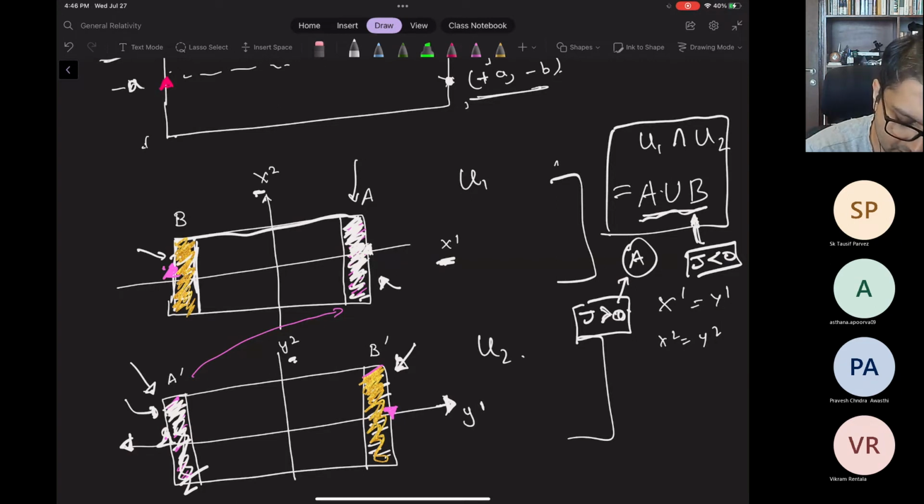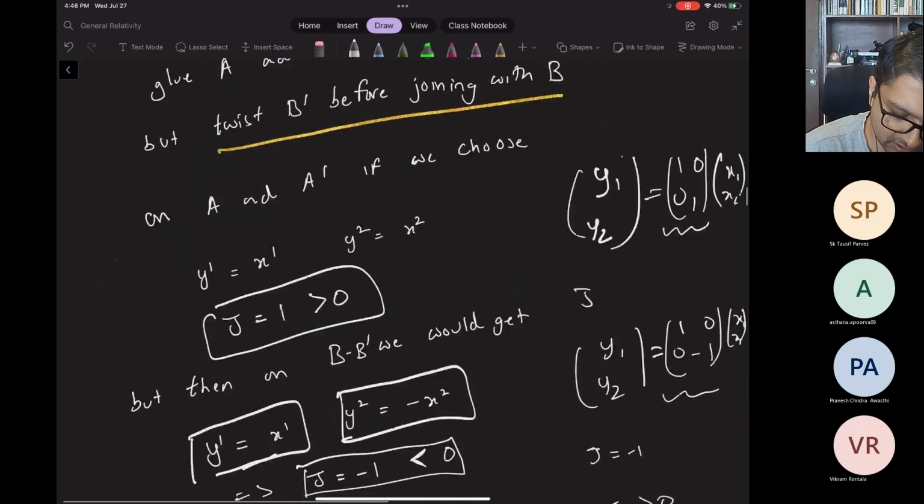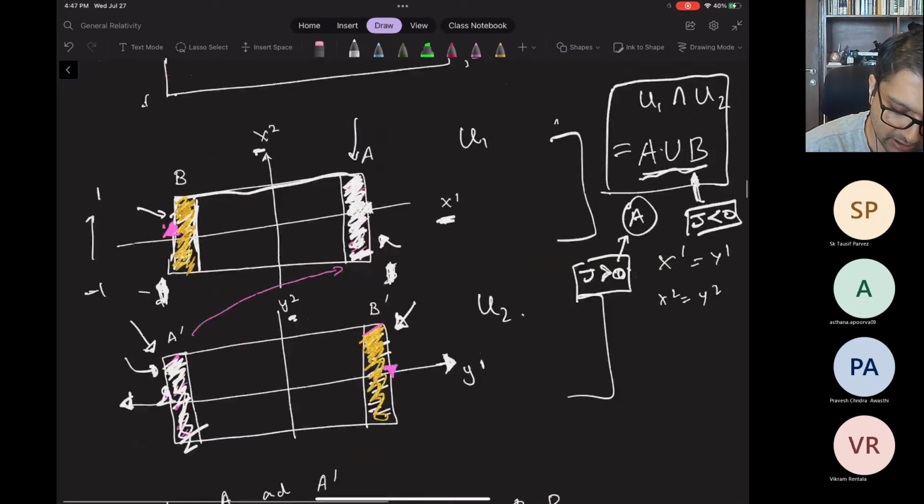Let me be more precise. Let's suppose this is really from something like, let's say, -5 to 5 in this way. And let's say it's -1 to 1, and it's -1 to 1 in the y direction as well. Now what I want is, let's say I want to start gluing them together. I was a bit flippant here. When I said y1 is equal to x1, y2 is equal to x2, I can of course do that. So let me choose my y1 so that it starts at this point.